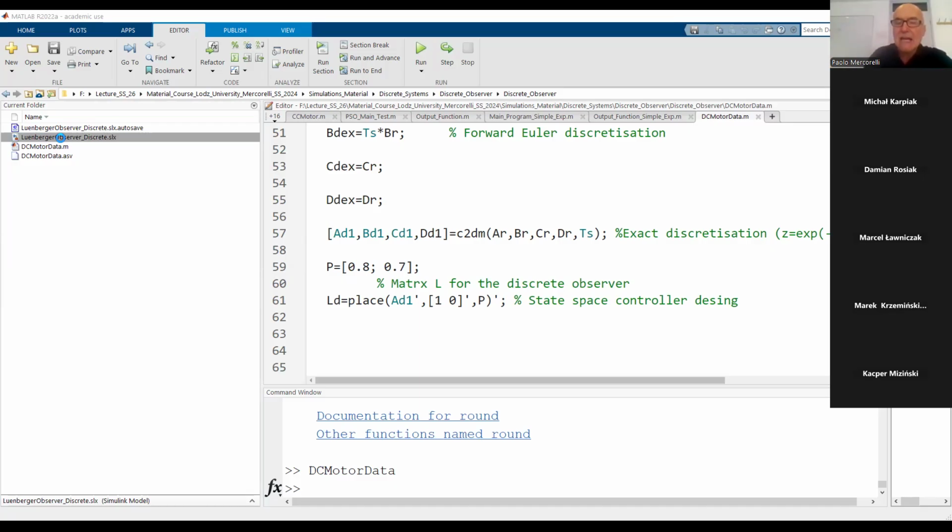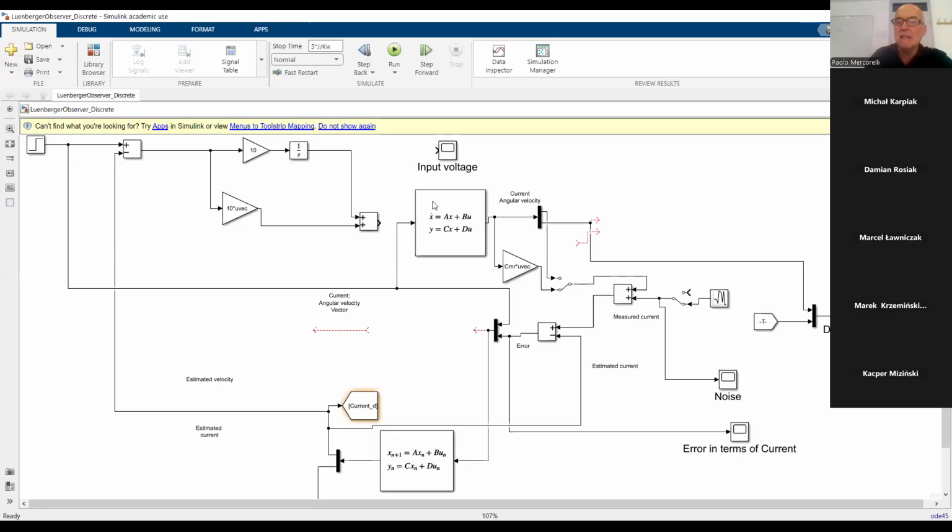Here I have, I think, if I remember well, the continuous and the discrete observer because they are quite similar. Do you remember? Also to demonstrate the dynamics of the error. Yeah, in fact, we can see. I don't know if it's visible.